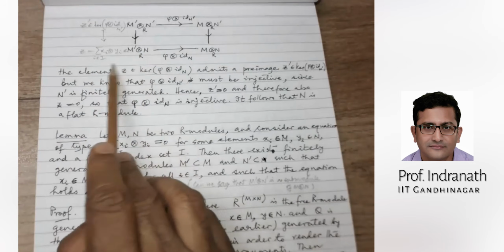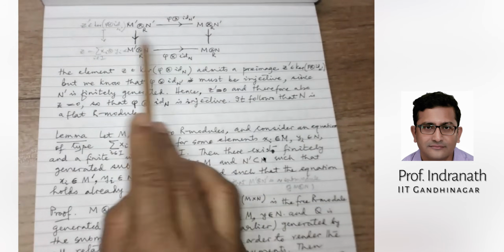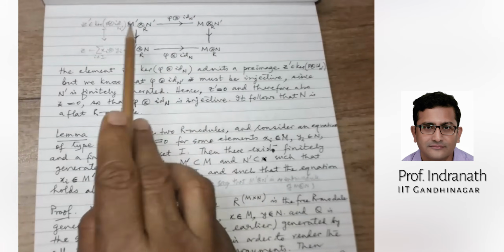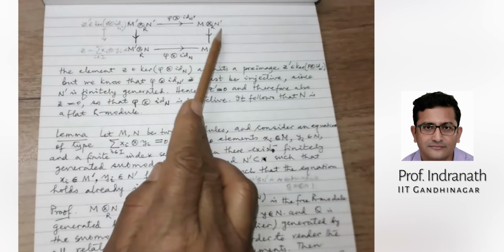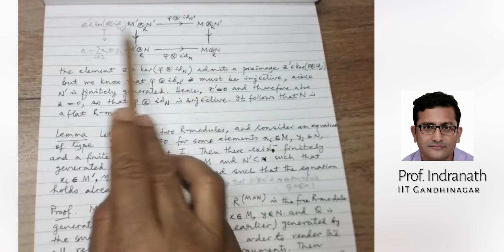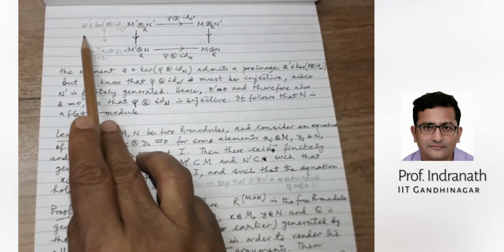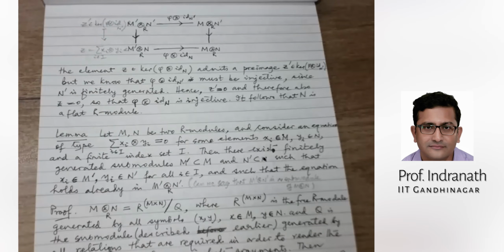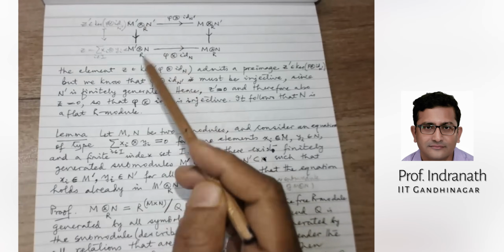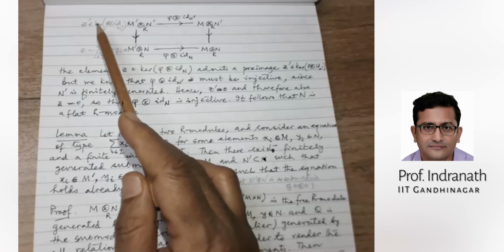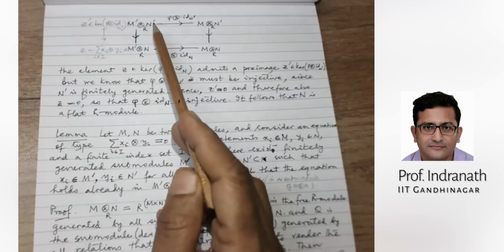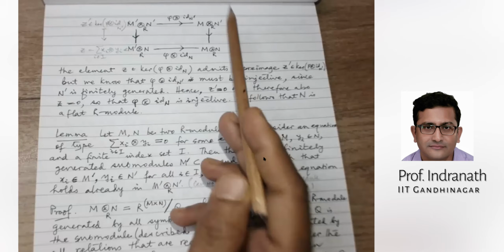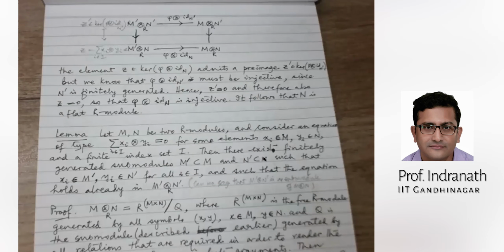And because of the exactness, if you can ensure that this element maps to 0, then the exactness says that this element is 0, and therefore this must come to 0. So you are fine. The only thing you have to ensure is that this element, the lift, exists for a suitable N dash, and that suitable N dash, now you know what it is, and this maps to 0. That much is enough actually.